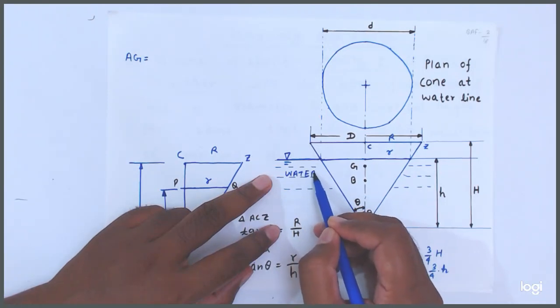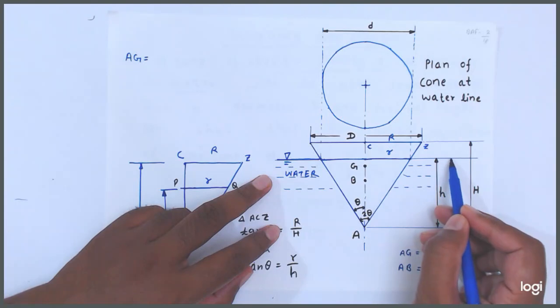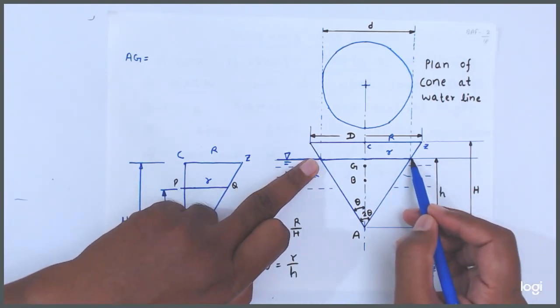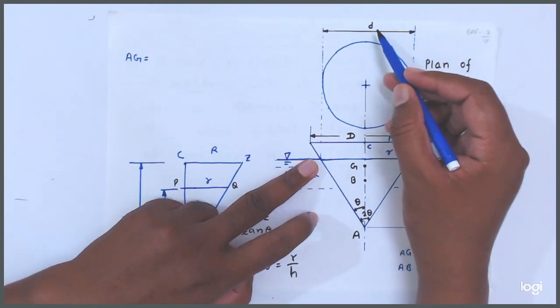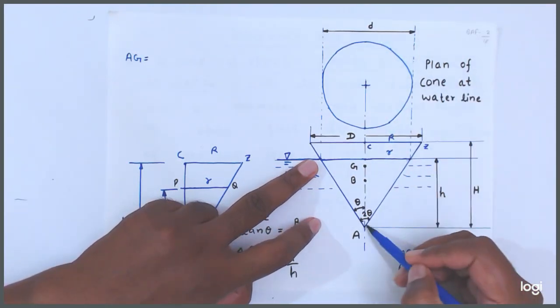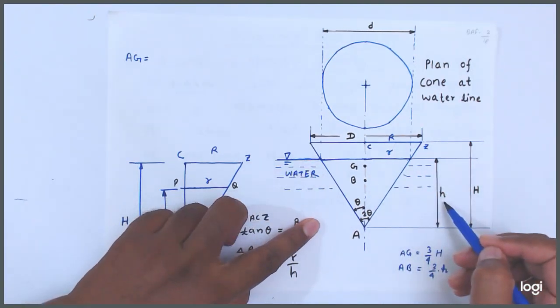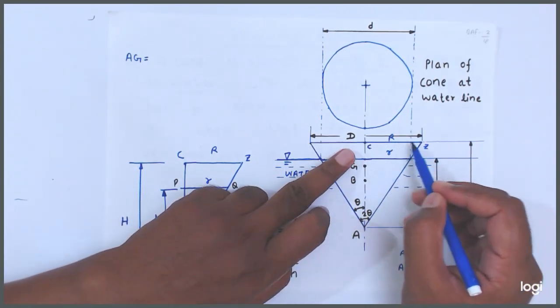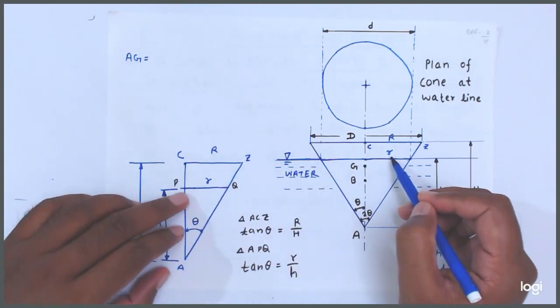This is the water, so the water surface is up to this level. What is the diameter at this point? This diameter is equal to small d, and the depth, or we can say height, from the apex is small h. So at the base the radius is equal to capital R, and at this point the radius is equal to small r.